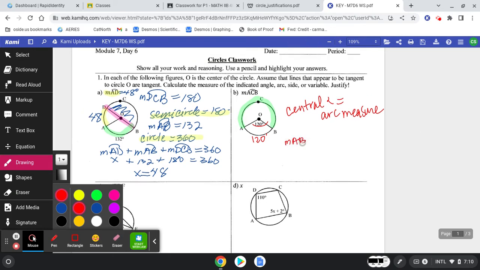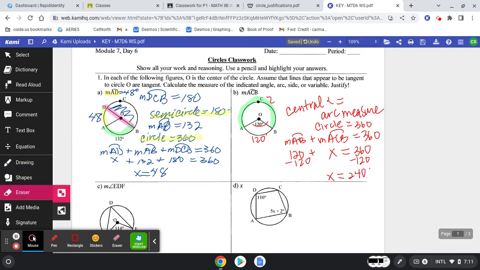Measure of minor arc AB plus the measure of major arc ACB equals 360. And that's that the whole circle equals 360. And so here we go. The one that I have, 120, plus the one that I want, and we just subtract. You got it. The outside big major arc is 240 degrees.